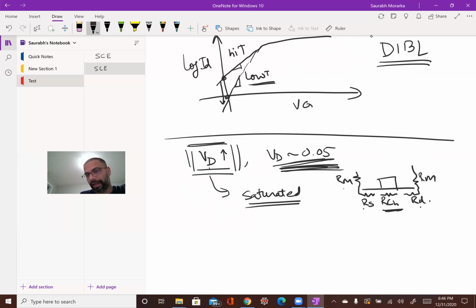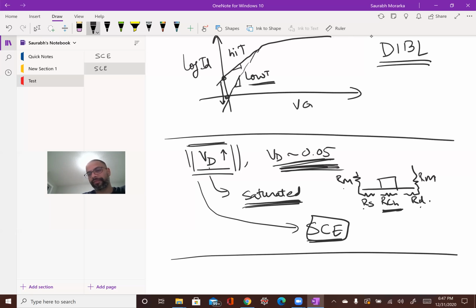When the drain is high, the R channel starts to matter a lot more when the transistor is saturated. I will talk about this topic much more, but for this point, it's sufficient to say that the short channel effects are hugely impactful in the high drain case. And also because in the high drain case, the short channel effects appear more and their impact is also more. So both of those things make it a worse proposition for high drain voltage.